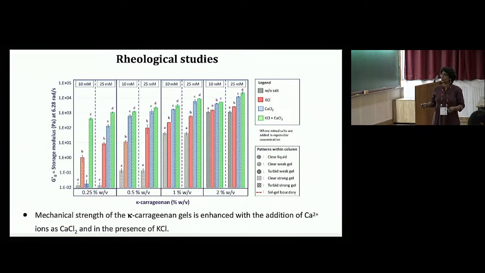Irrespective of which group I see, the mixtures are giving me the highest modulus. So the mechanical strength of these kappa carrageenan gels is enhanced with the addition of both the cations, calcium chloride and potassium chloride.